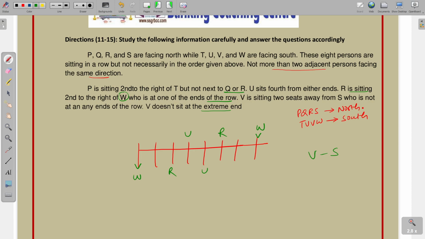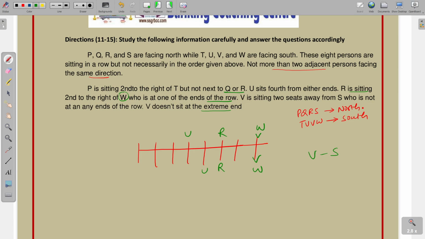So here we have 1 2 3 4 and next 1 2 3 4 5 6 7 8. So totally 8 persons are there. Where will P come? See where we can make space here once. So W here, so here W is facing south and here R is facing here.